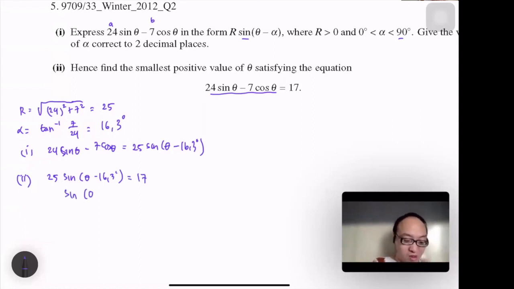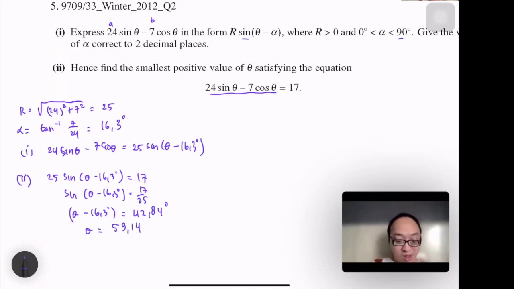So we can divide by 25, 17 over 25, and we find theta. Sine inverse of 17 divided by 25 is 42.84 degrees. So theta, we add 16.3, is 59.14. This is in the first quadrant.